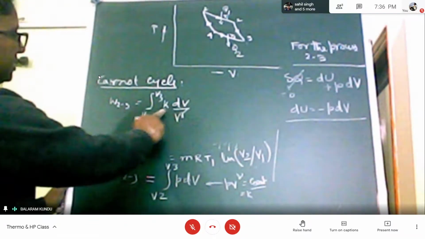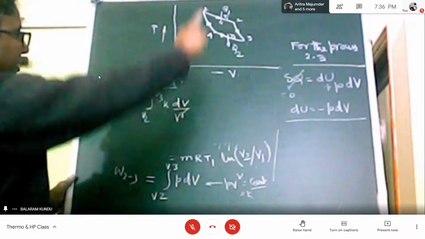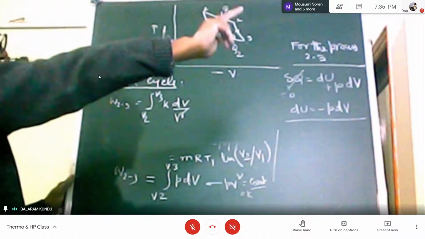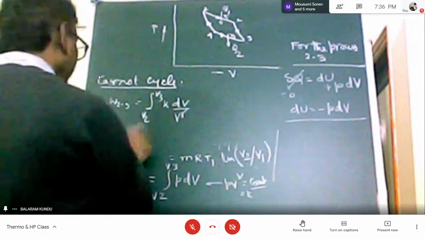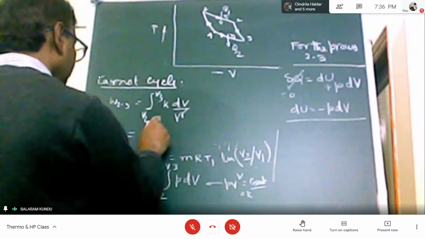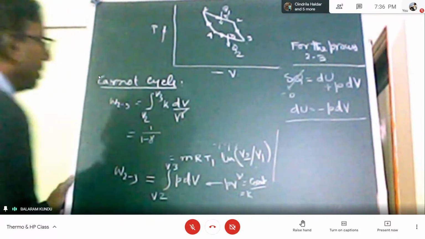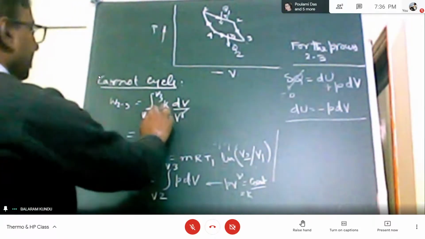So K is there, so V to the power minus gamma, so V to the power 1 minus gamma divided by 1 minus gamma. So directly we can write here 1 by 1 minus gamma, and K is there.